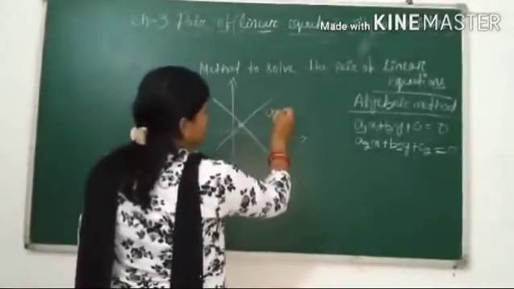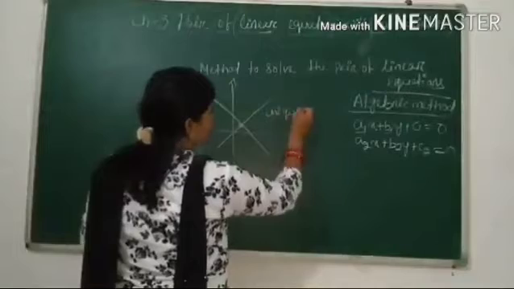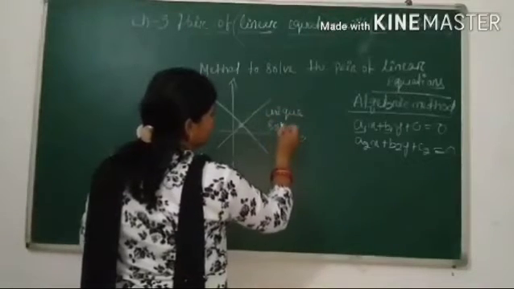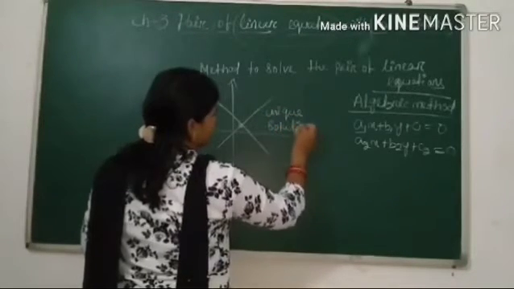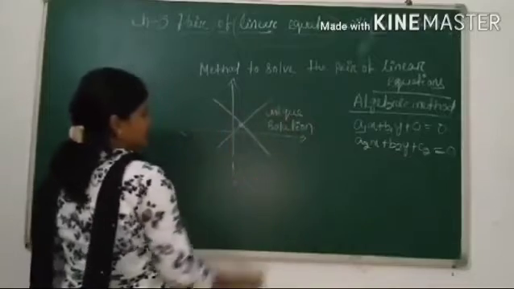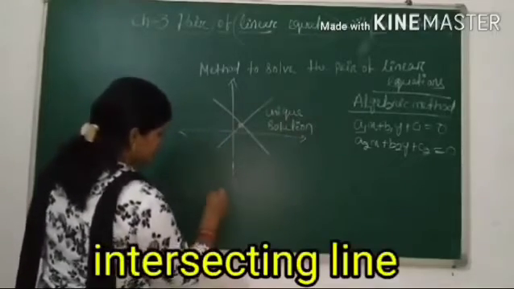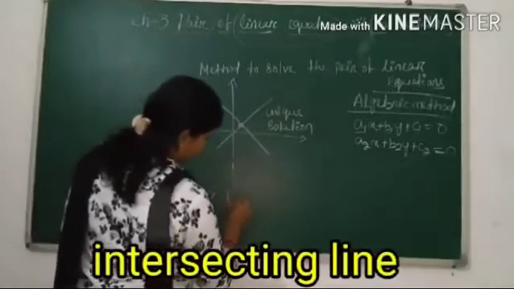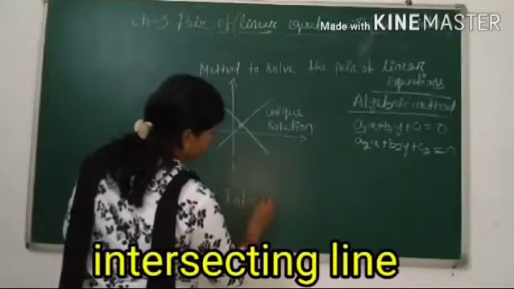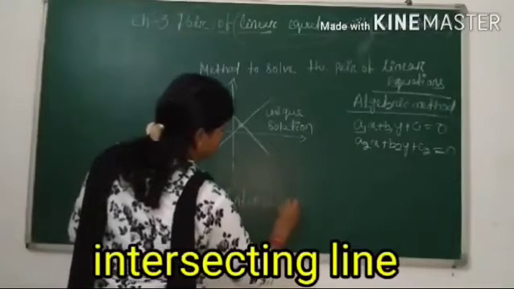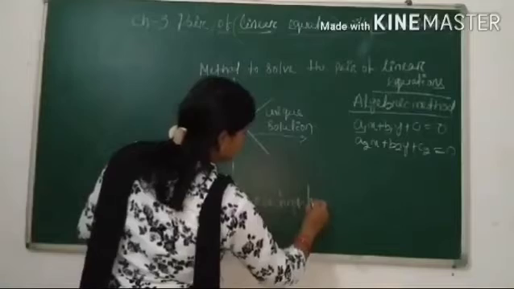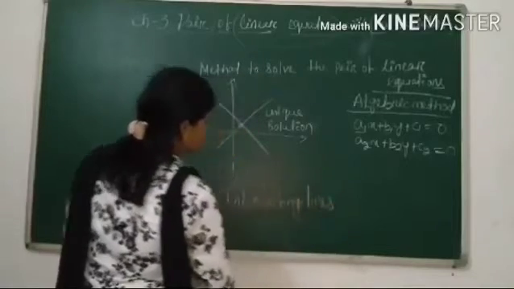Means a unique solution is possible. And these two lines are called intersecting lines.